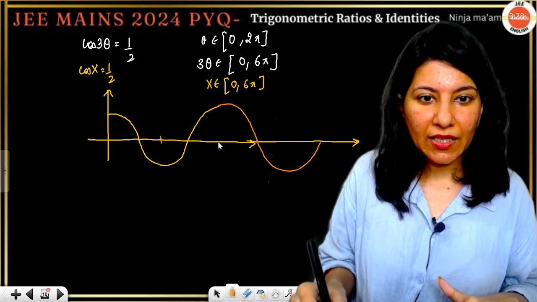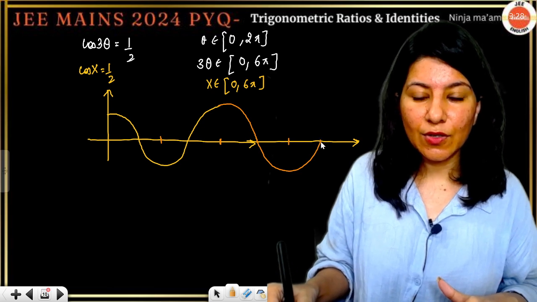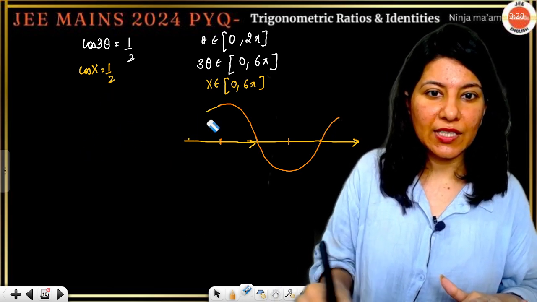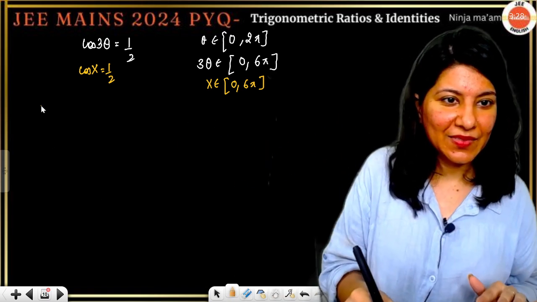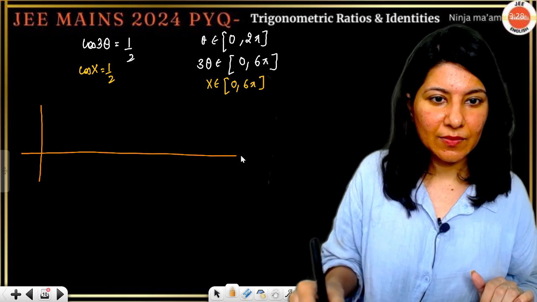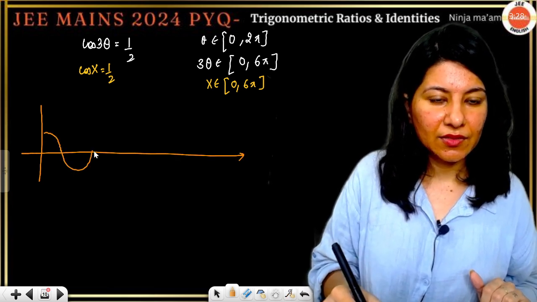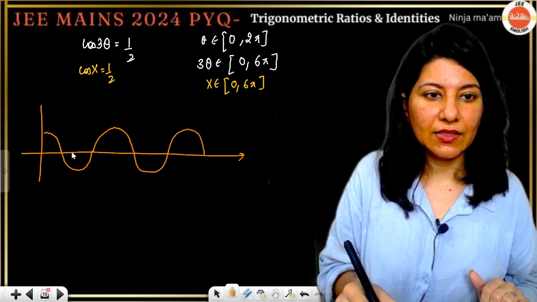So this is pi, this is 2 pi, this is 3 pi. Let me just draw it because 6 pi will go towards the big thing. Let me check.